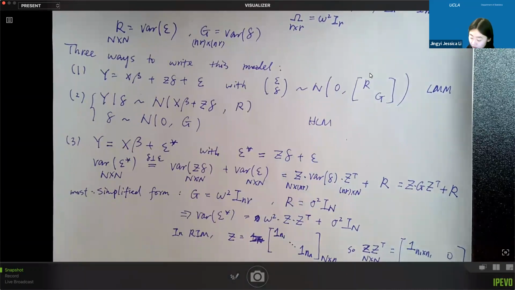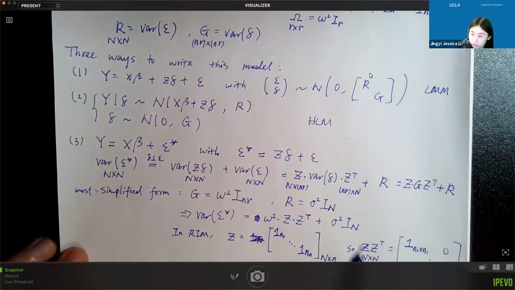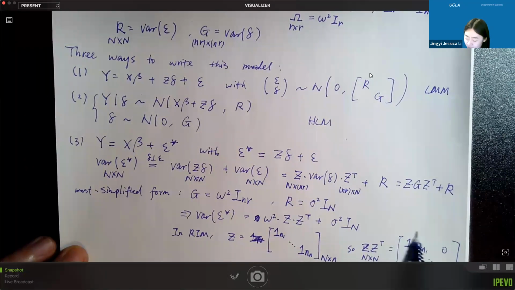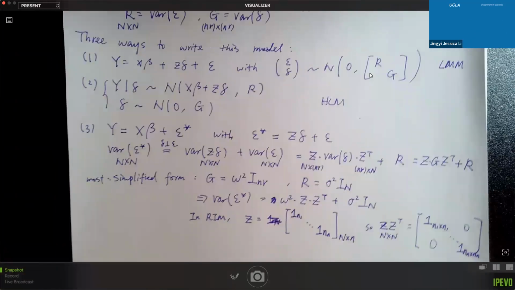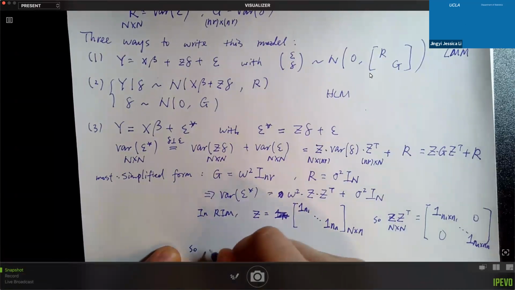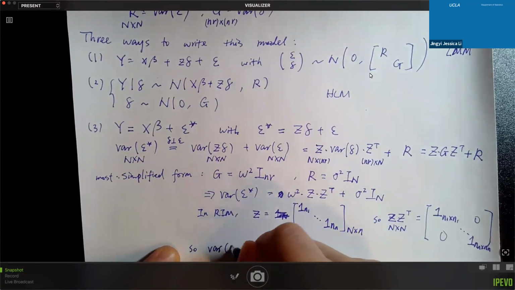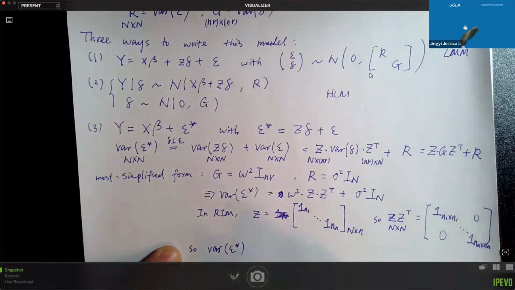So then omega squared times this matrix will give me a block of omega squared here, a block of omega squared here, and 0 elsewhere. So essentially, the variance of epsilon star I can directly write down.